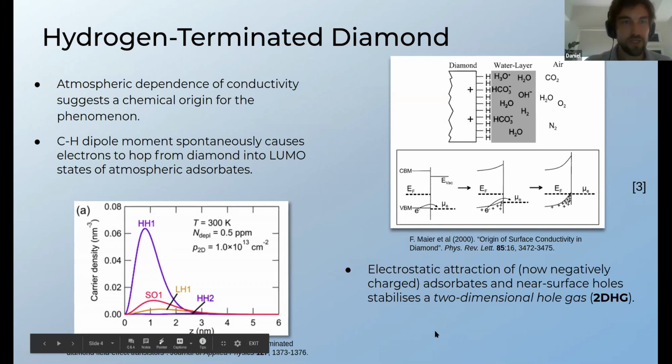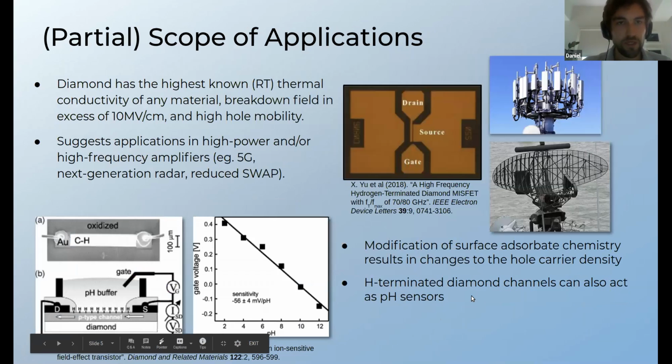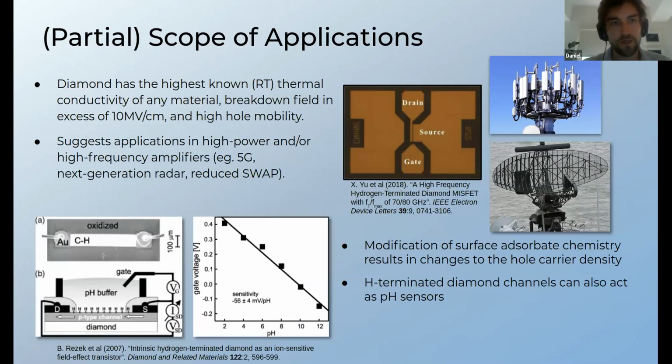Now, in terms of applications of this, because diamond has the highest known room temperature thermal conductivity of any material and a breakdown field in excess of about 10 megavolts per centimeter, which dwarfs any other semiconductor, that suggests possible applications of the hydrogenated surface in high power or high frequency amplifiers.